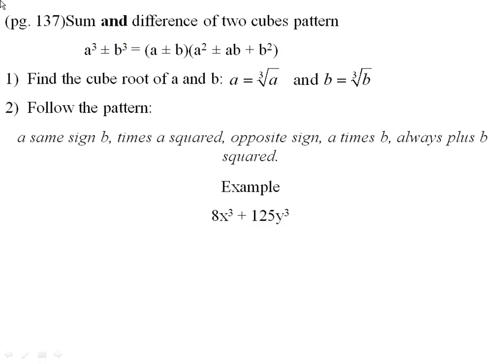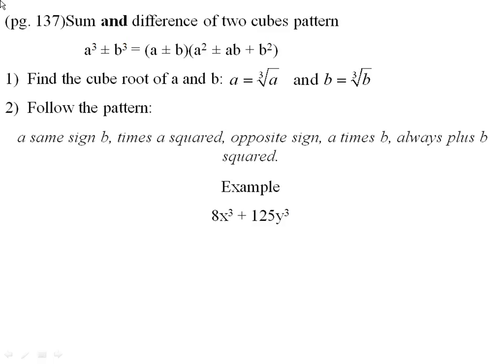So, let's talk about the cube root of 8x to the third. What times what times what? What times itself 3 times will give you 8? 2. So the cube root of 8 is 2. What times itself 3 times will give you 125? 5.